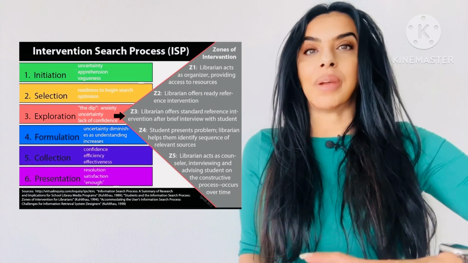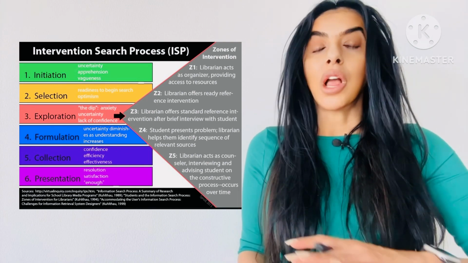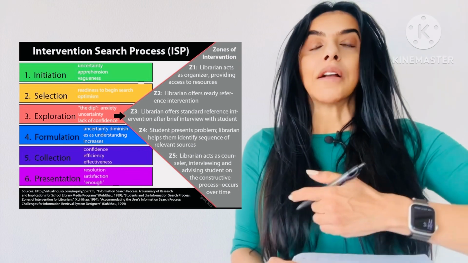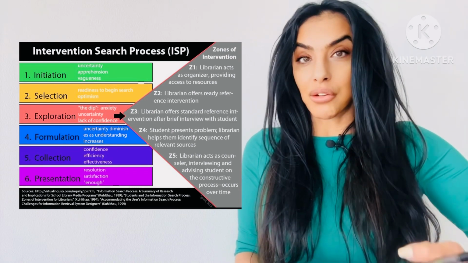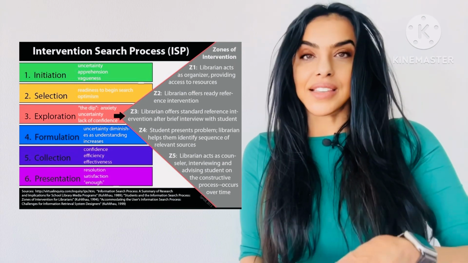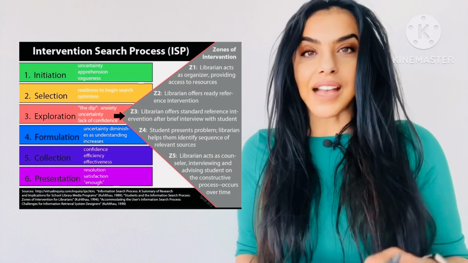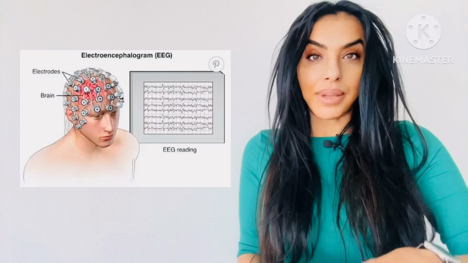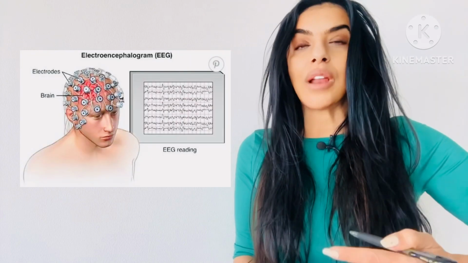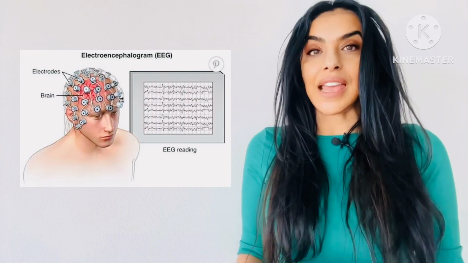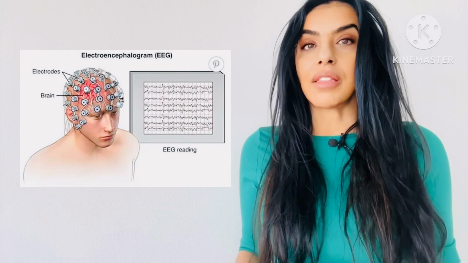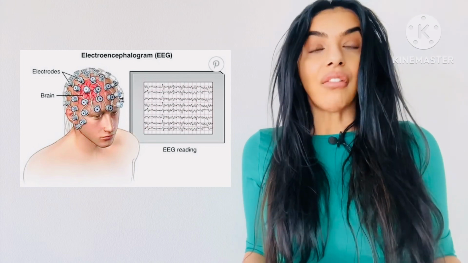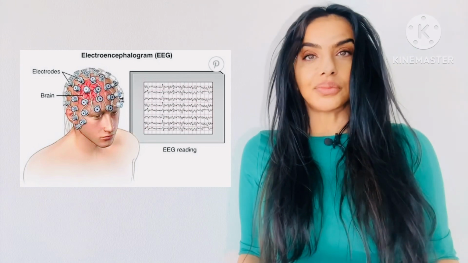And because this key theoretical framework of the information search process model was able to beautifully categorize these different steps that we go through when we look for information, this thesis decided to look at what happens at the brainwaves level when we as humans start seeking and finding information.